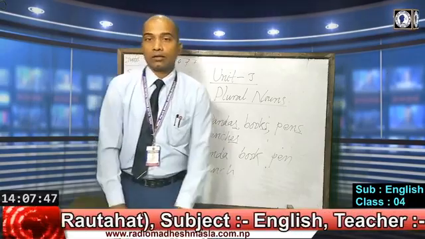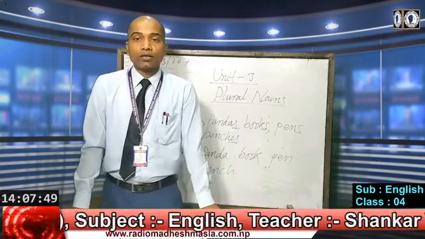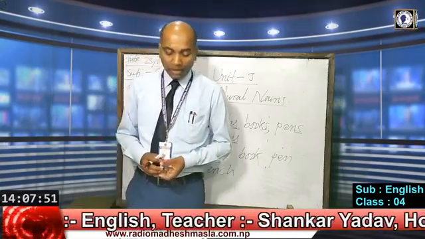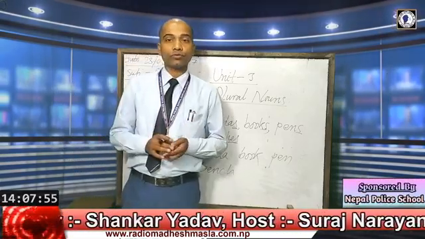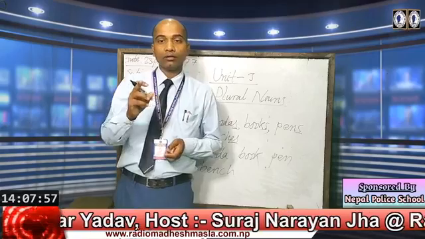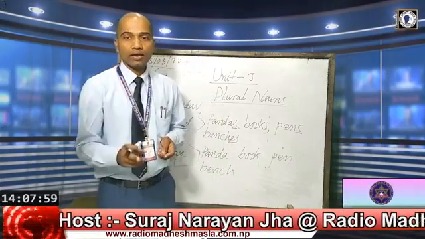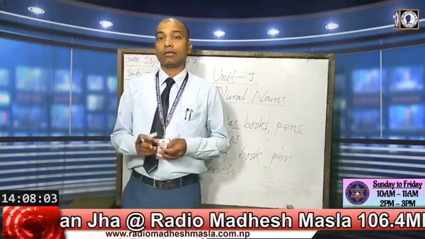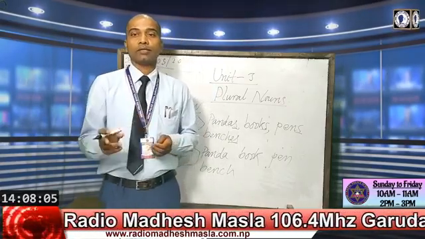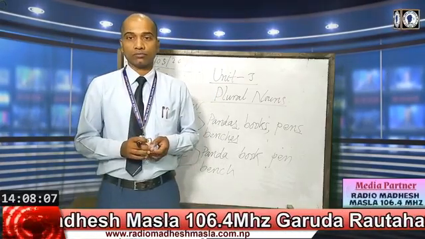So let me make you clear about the plural noun and singular noun. A noun that refers to one thing, person, place, animal, bird in number is a singular noun.